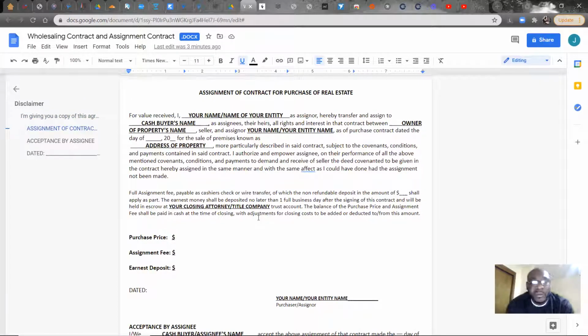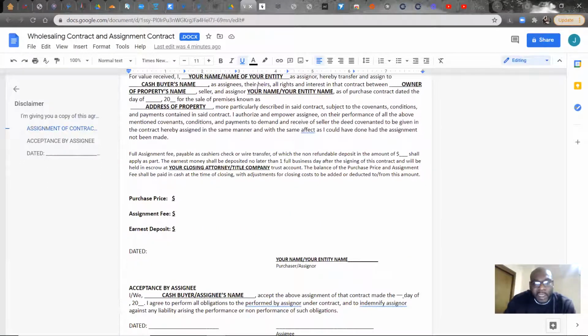For value received, you, as assignor, hereby transfer and assign to your cash buyer as assignees, their heirs, all rights and interests in that contract between the property owner up top and you, as of purchase contract dated the blank day of 20 whatever, of the premises known as, that's the property address, more accurately described in said contract, subject to covenants, conditions, and payments contained in said contract.